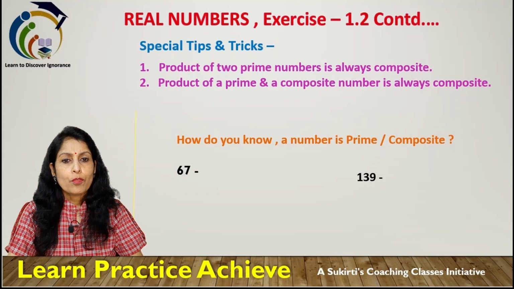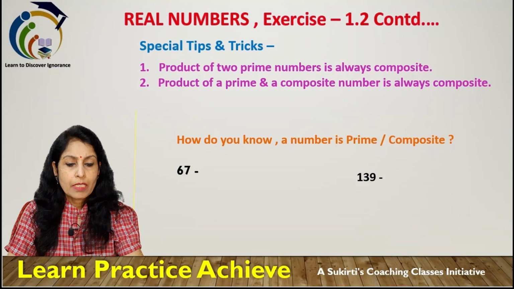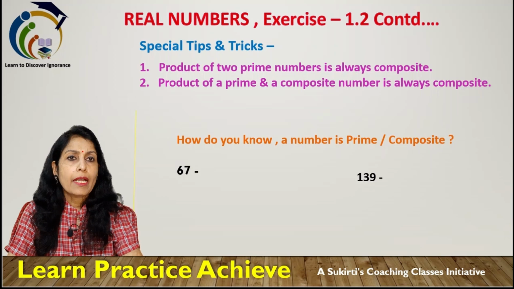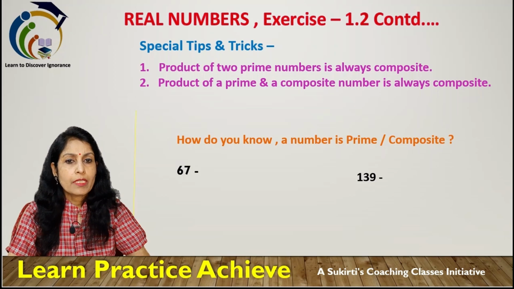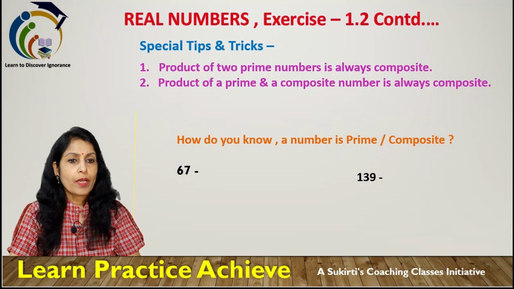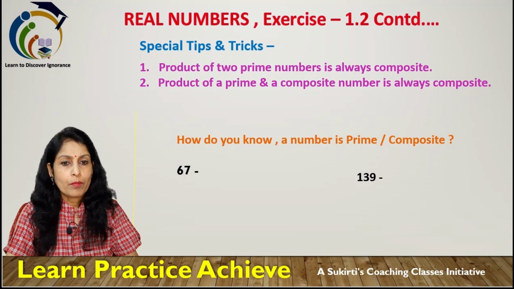Now I will give you some special tips and tricks related to prime numbers and composite numbers. First special tip is the product of two prime numbers is always composite. Let's take any two prime numbers. The smallest prime number if you take, that is 3, and another prime number, suppose we take 5.